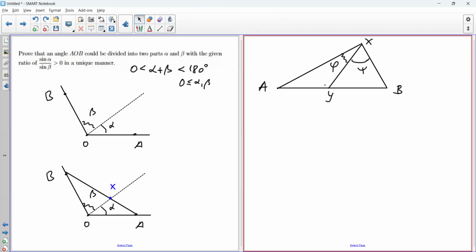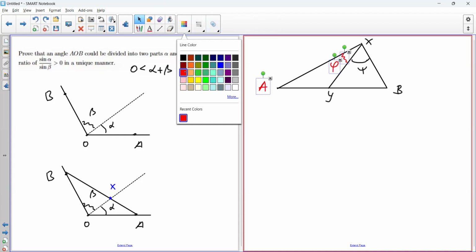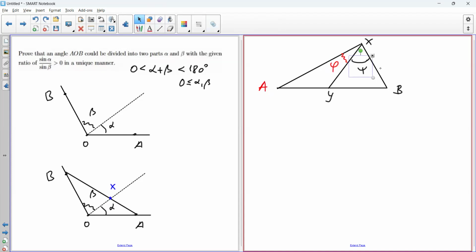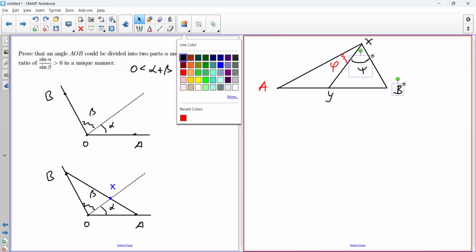Then let me recolor these elements. These would be red, these would be blue.